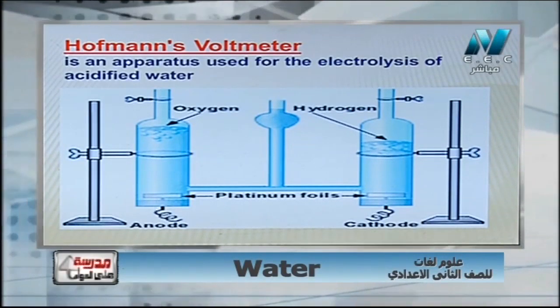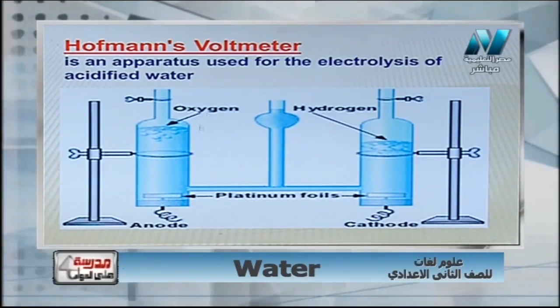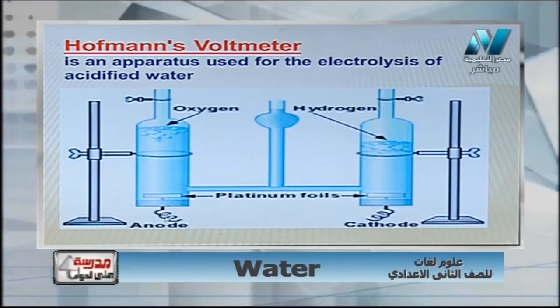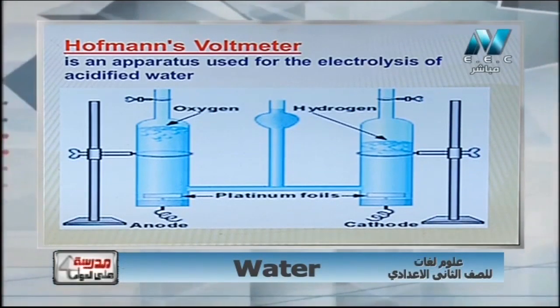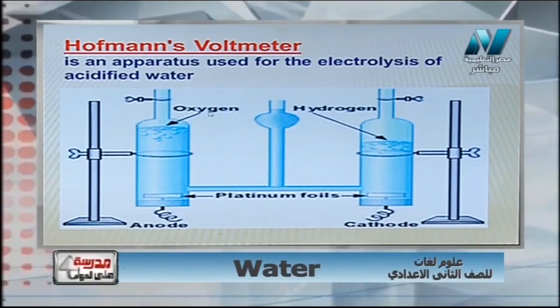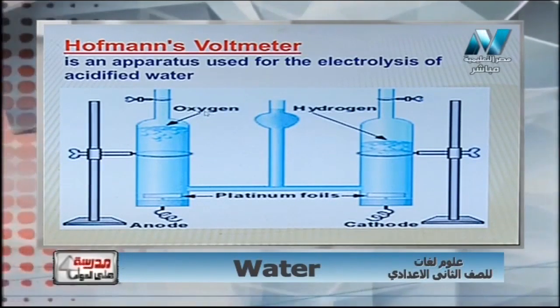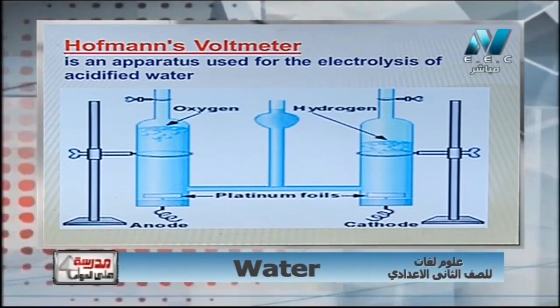What gas collects on the anode? Oxygen gas. Why? Because oxygen is negative, so it is going to collect on the opposite side, the positive pole.